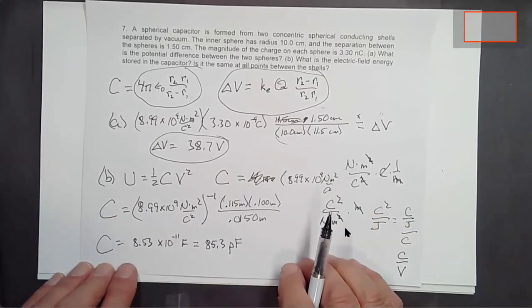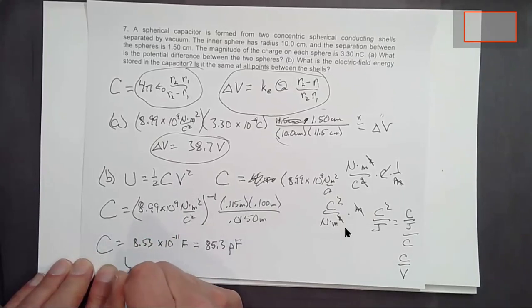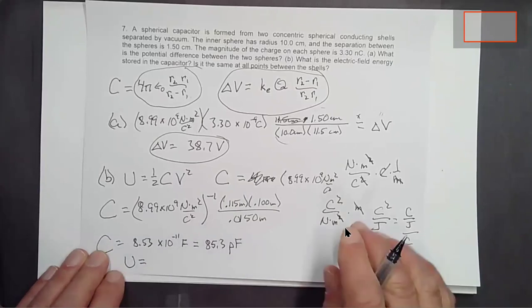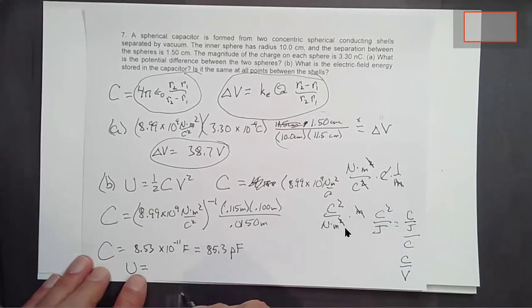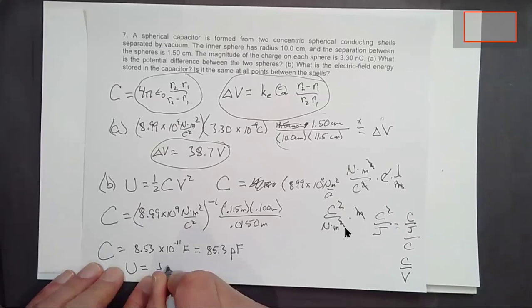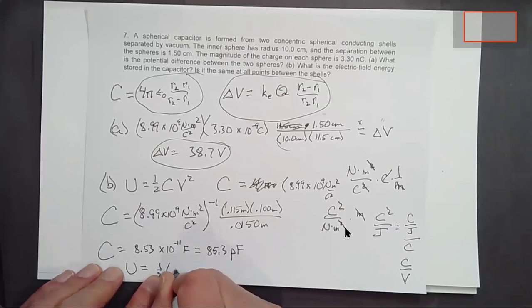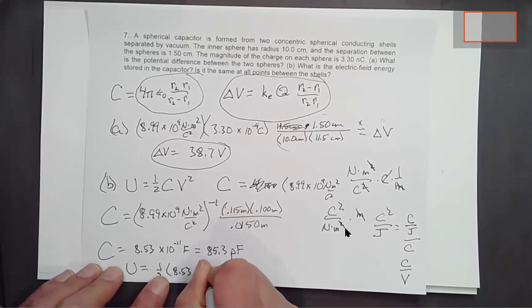All right, well, finally I can figure out this energy here, and it's going to equal, oh, or did I just, no, I just figured out the capacitance. All right, I'll have 1/2 times that, which is 8.53 times 10 to the minus 11th.